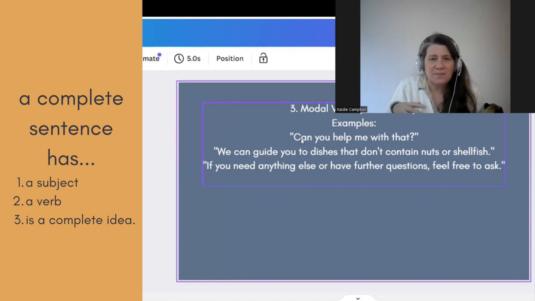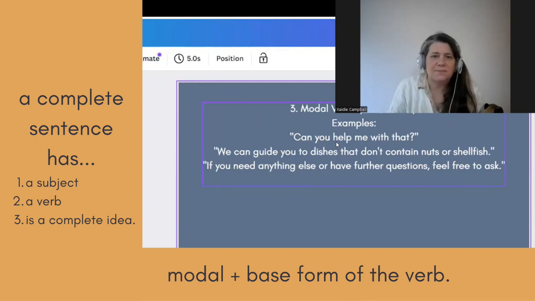So this is just a quick reminder part of the lesson. Can you help me with that? Can is your modal verb. Help is your base verb. With modal verbs, you always have the modal and then the base.